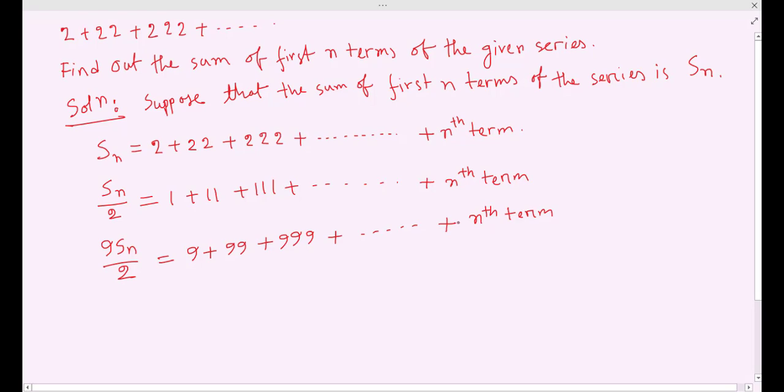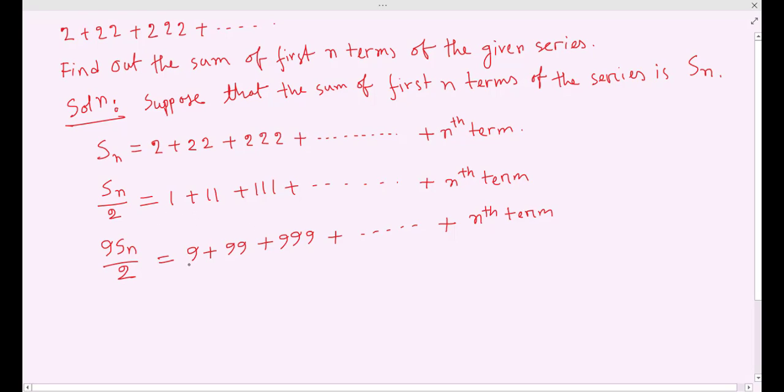For all of this kind of series, our target is this line, 9 plus 99 plus 999. We have to convert all of these series into this form by multiplying and dividing.